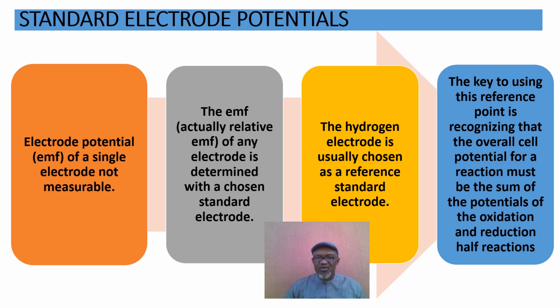And that's why we're using the standard hydrogen electrode as our standard reference electrode. There are other electrodes that are also in use, but the original thing that we started with is the standard hydrogen electrode. We'll still mention some other electrodes that can be used.